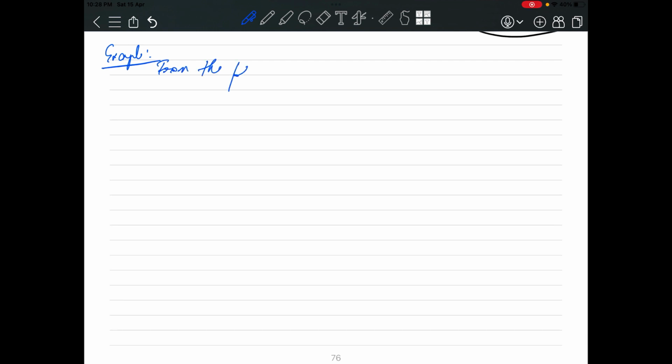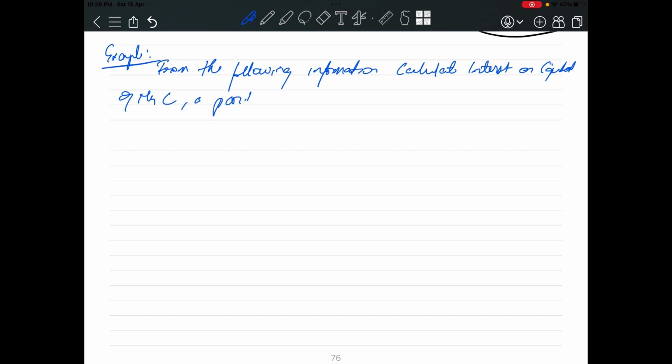From the following information, calculate interest on capital of Mr. C, a partner, for the year ended 31st/3/2022.